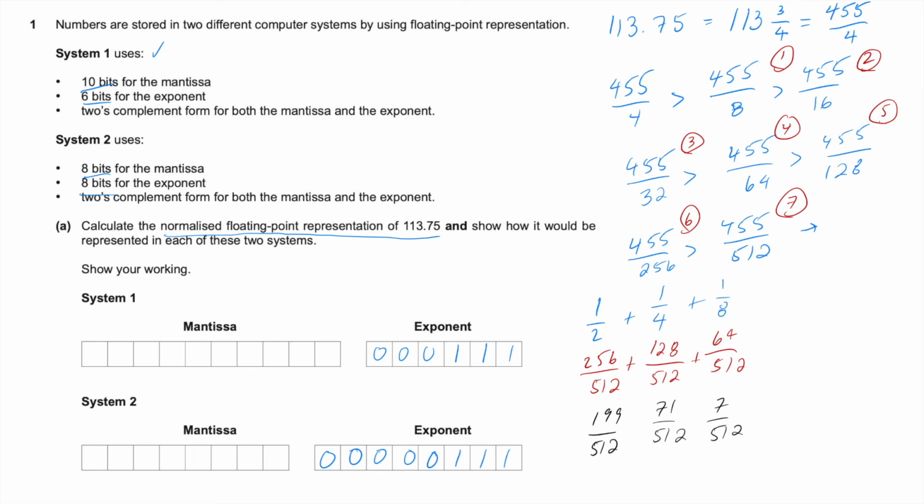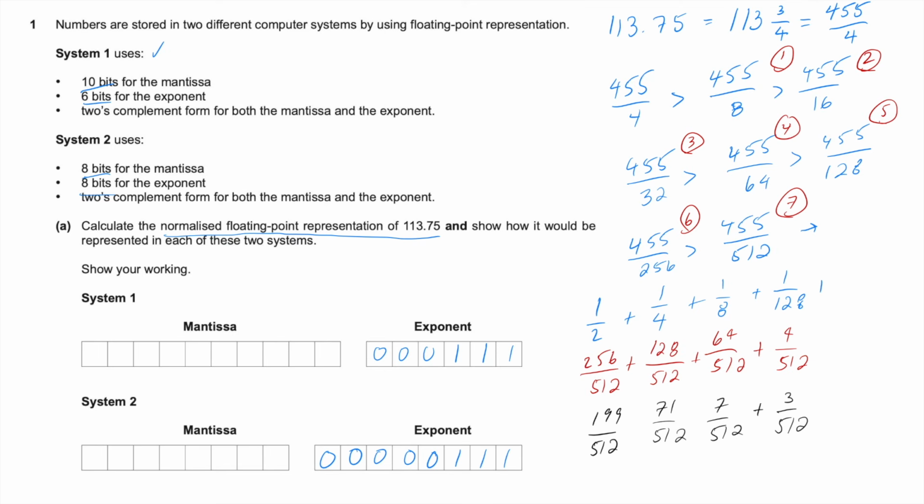So probably the next fraction we're going to want is going to be 4 over 512, which is going to be 1 over 128. And yes, that's just going to be 4 over 512. So that means we still got 3 over 512 to account for.